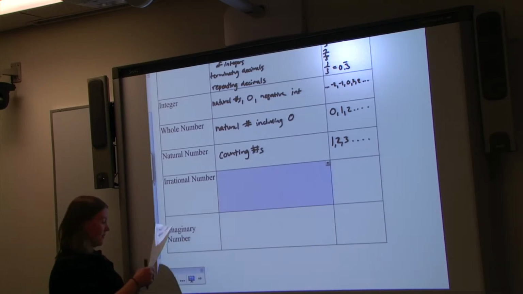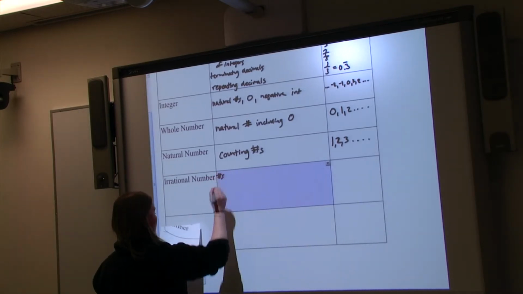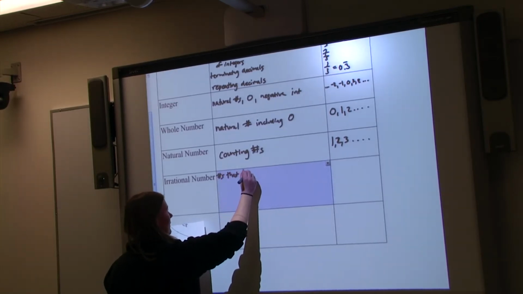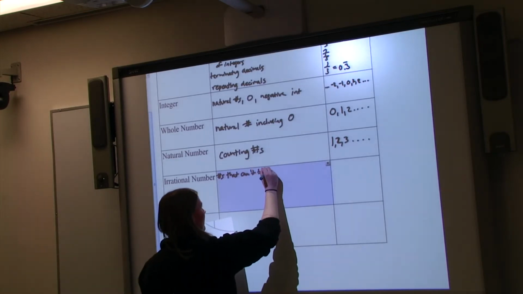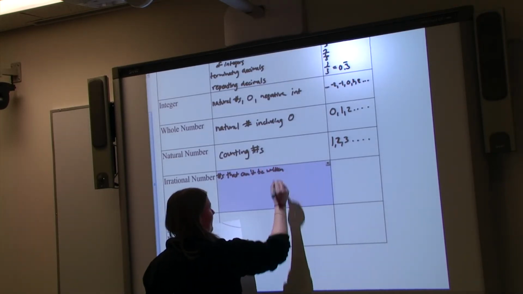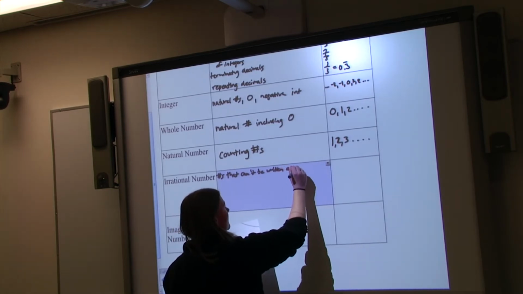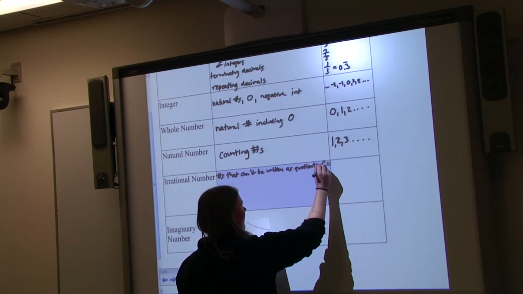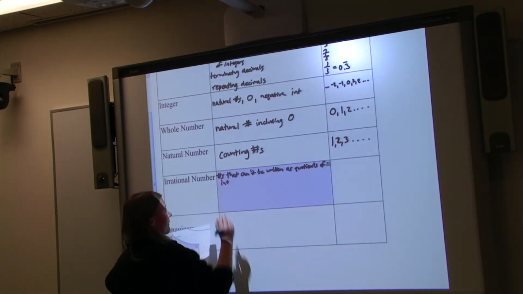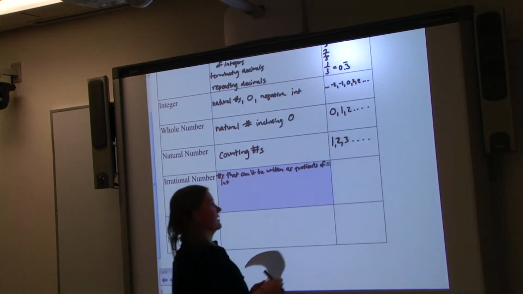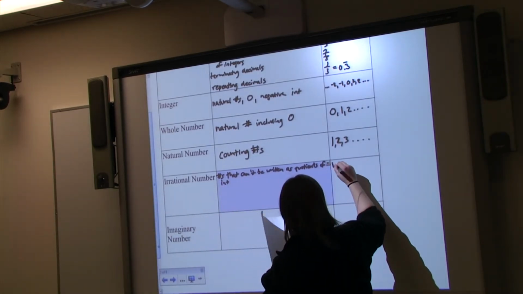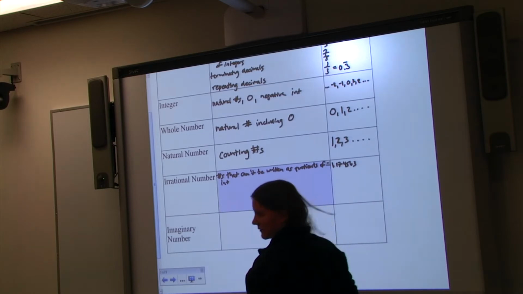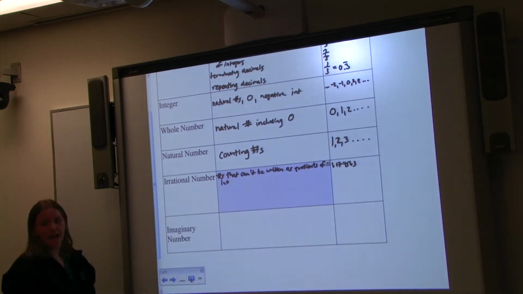Our irrational numbers are numbers that can't be written as quotients of integers. So I just have an example of that being 1.174563. You can't write that as a fraction.